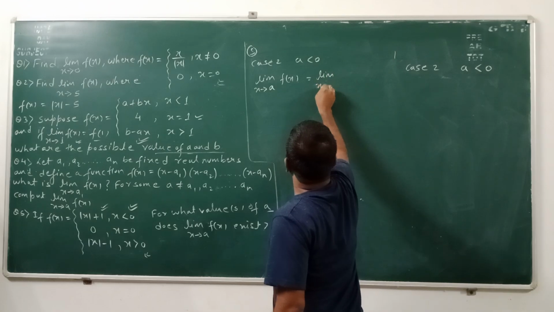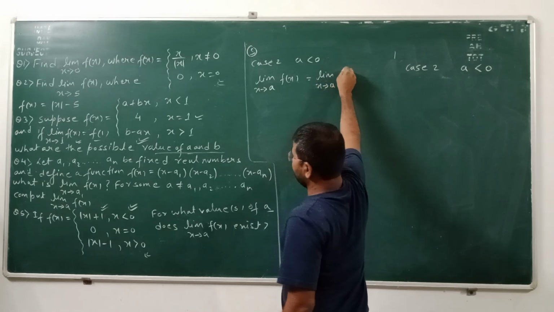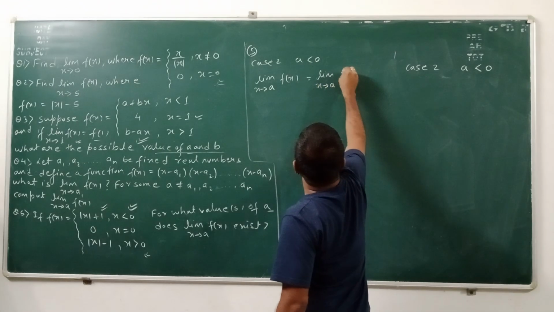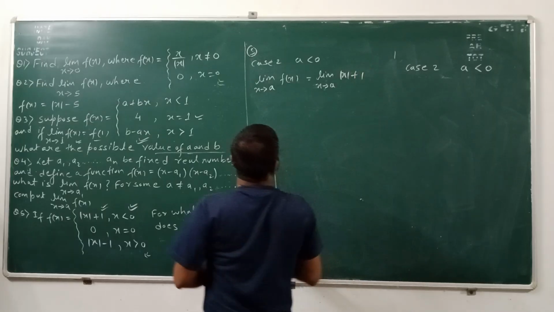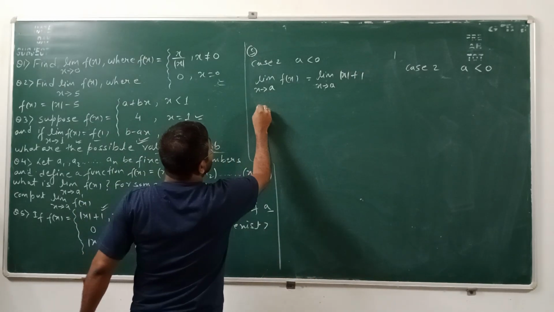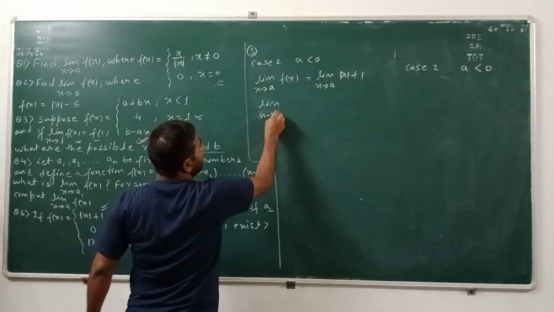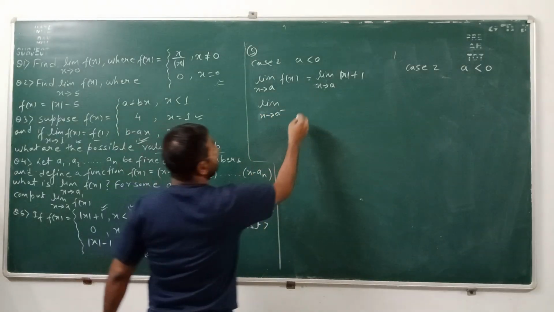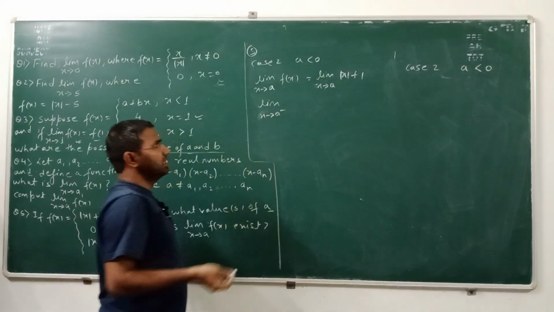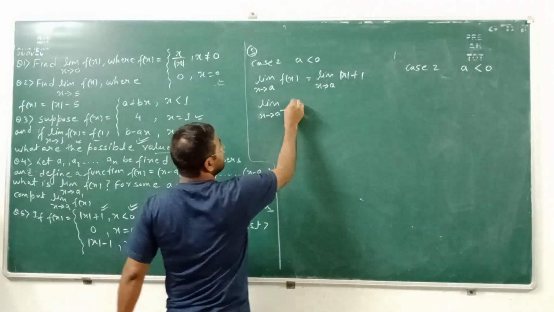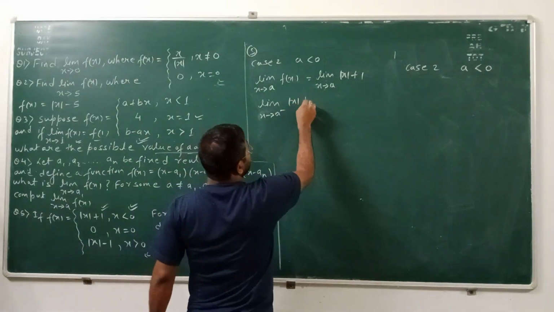Limit x tends to a, mod of x plus 1. Now first of all we will check for x tends to a negative value. So if you are taking negative base, you have to put the same sign.